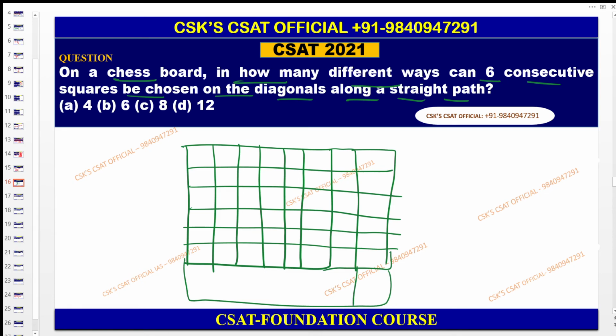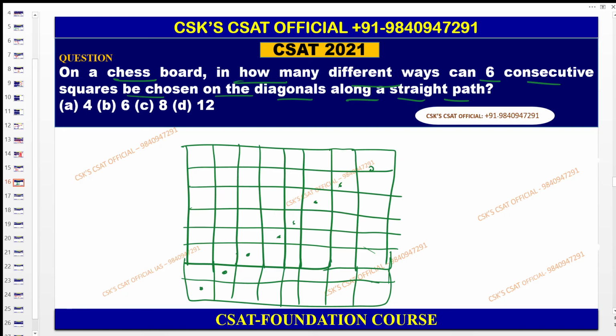Now they are simply mentioning as a diagonal. Okay, so don't make the mistake of thinking only one diagonal. Both the sides you have to do here. This diagonal also you have to do. Then this side also you have to do.